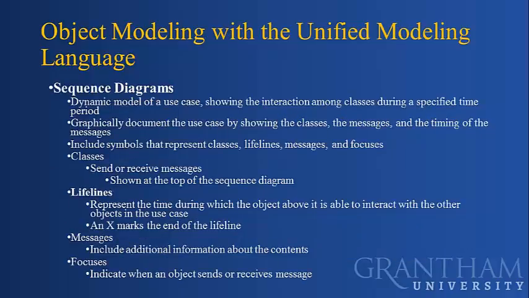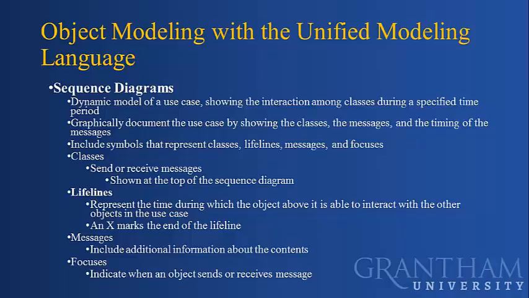Object modeling with the Unified Modeling Language. Sequence diagrams. A sequence diagram is a dynamic model of a use case showing the interaction among classes during a specified time period. It graphically documents the use case by showing the classes, the messages, and the timing of the messages. It includes symbols that represent classes, lifelines, messages, and focuses.